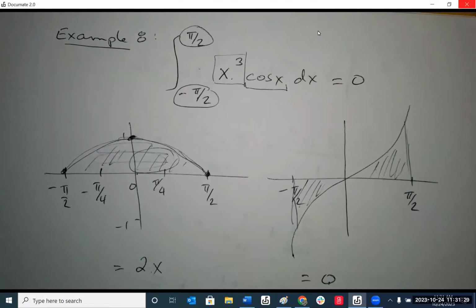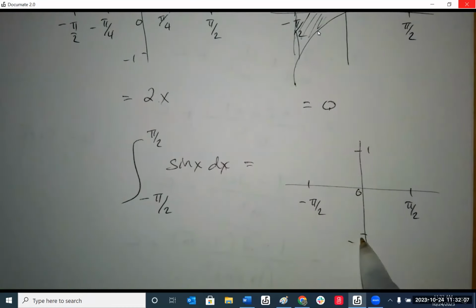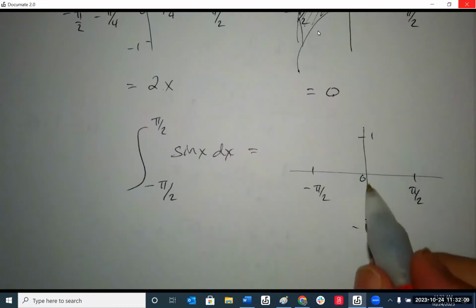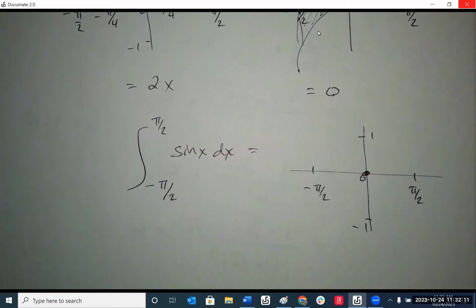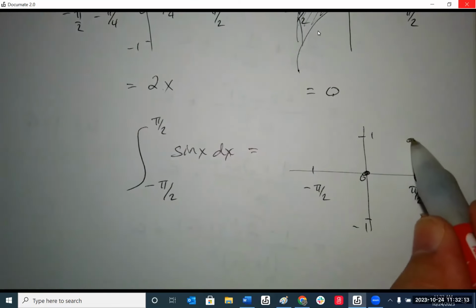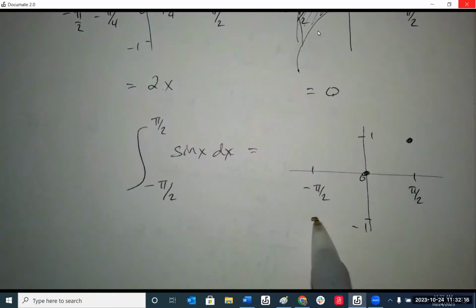If you look at the sine function from pi over 2 to negative pi over 2, at 0, sine is 0. At pi over 2, it's 1. At negative pi over 2, it's 0.